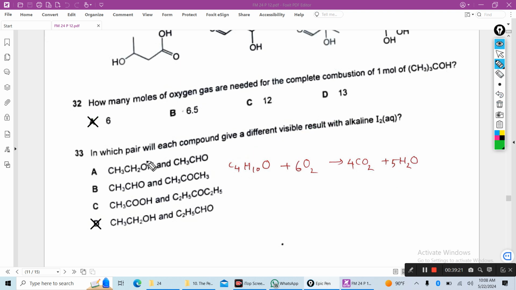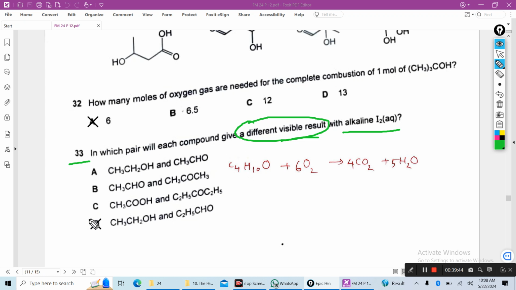Number 33. Which pair of compounds gives a different visible result with alkaline iodine? Alkaline iodine means the iodoform test. So we need a different observable result.